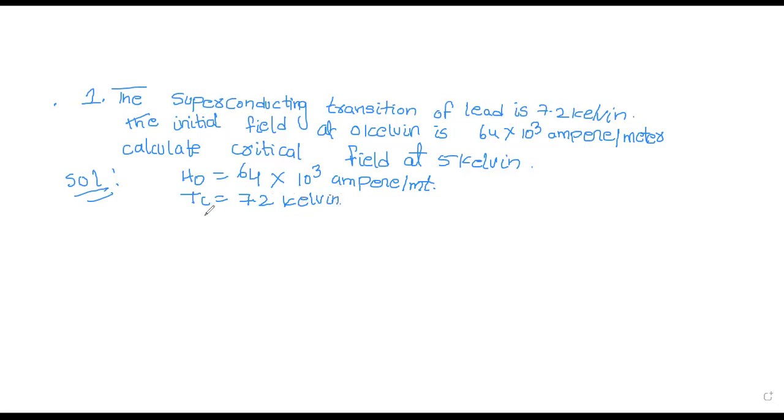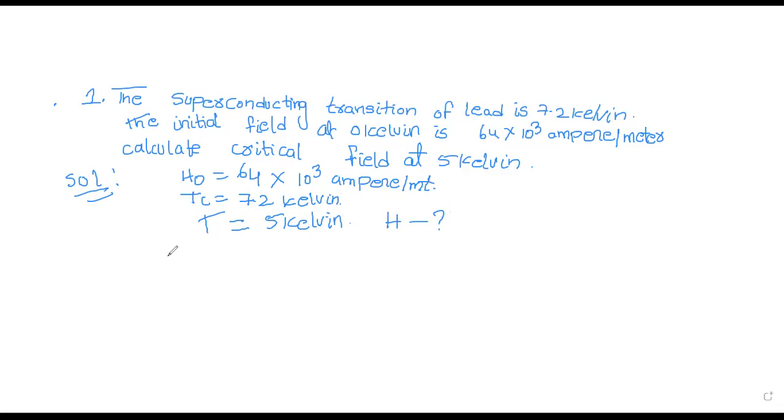Now, T is also given, the temperature at which we need to calculate the value of the critical field, so 5 Kelvin is given. We need to calculate this H value. What is the formula?